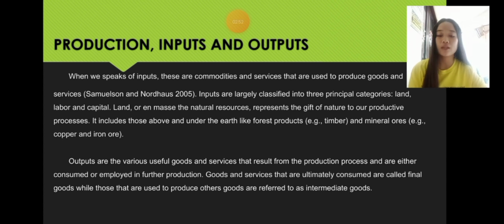Examples of outputs are the clothes that we wear, the notebooks, the pen that we use, etc. Intermediate goods, on the other hand, include tires used in the production of Honda cars, sugar in the making of cakes and candles, etc.